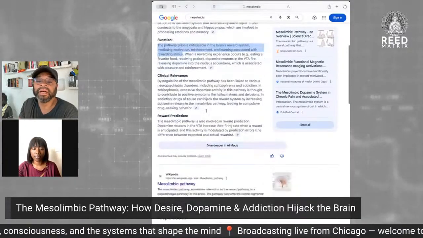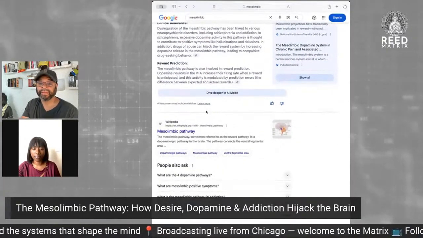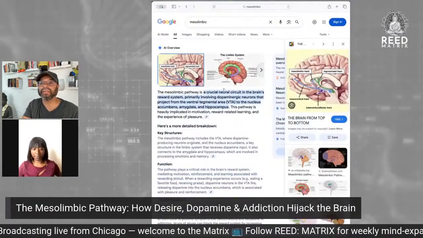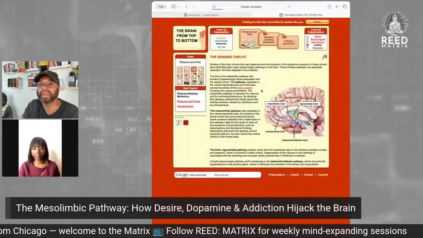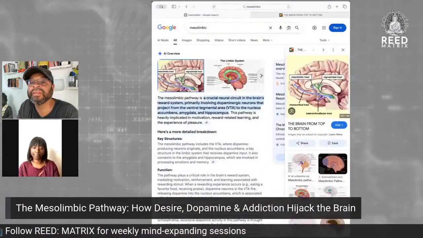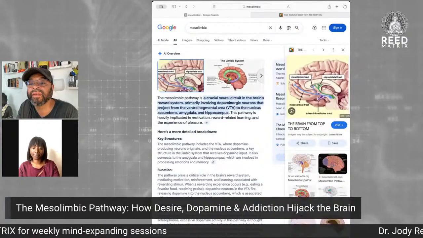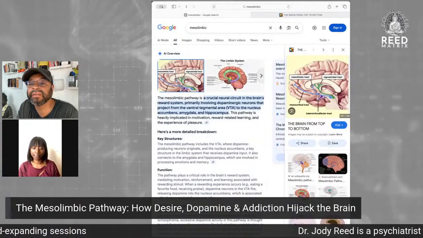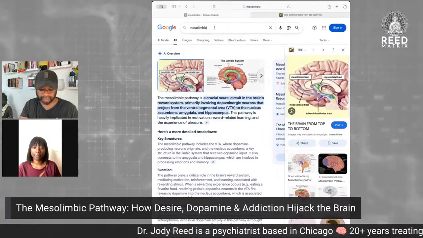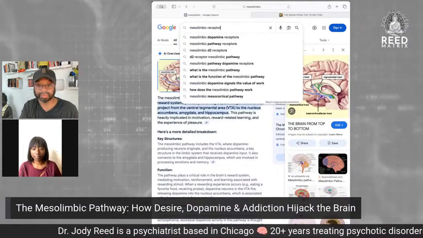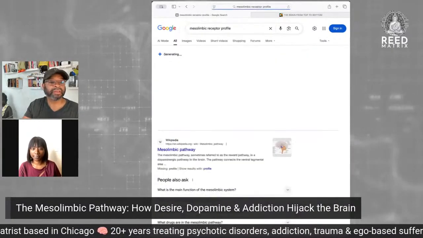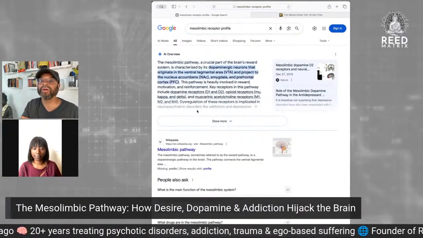Let's look at the pathway here, from this area up to here. Now let's look at the receptor profile.